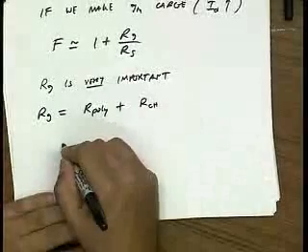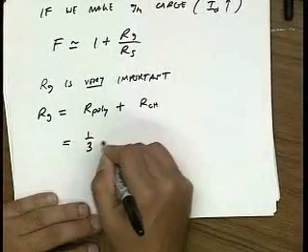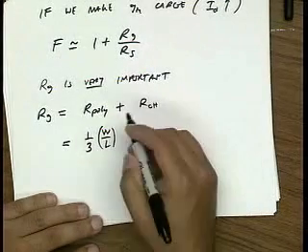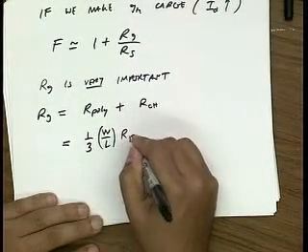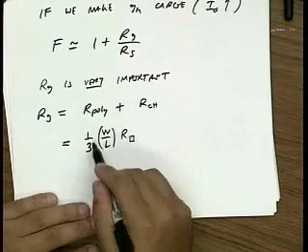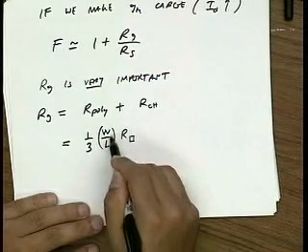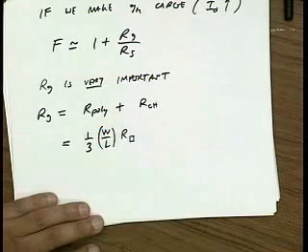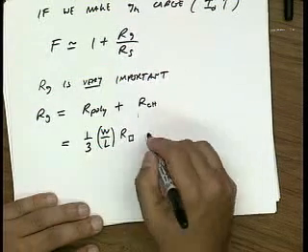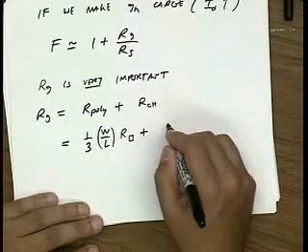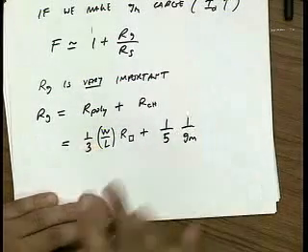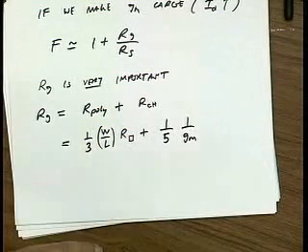And for a single gate contact, if you do a 117 style calculation, you can show that this resistance is simply 1/3 W over L R poly, the sheet resistance of the poly material, plus the channel resistance, which turns out to be 1/5 1 over GM, again assuming that alpha is equal to 1.